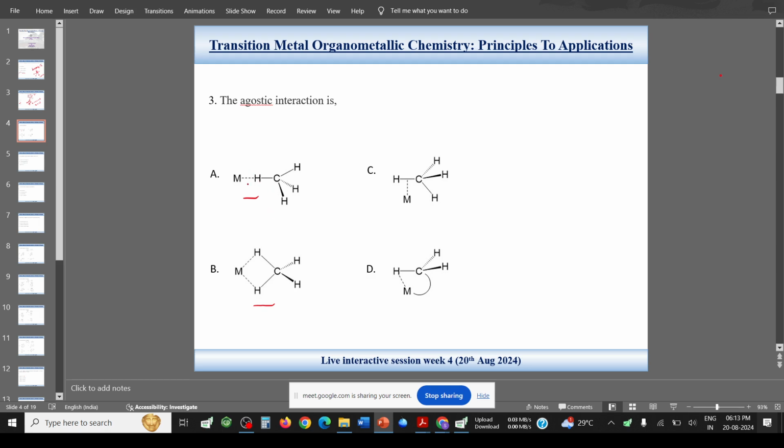Here one hydrogen moiety is interacting with metal. Here the two is interacting. So if C and D are different, then why not A?